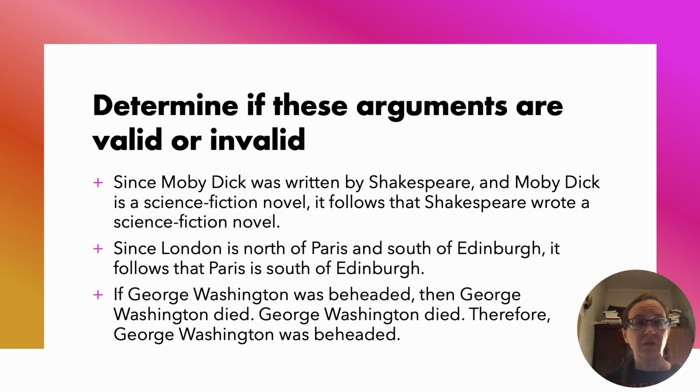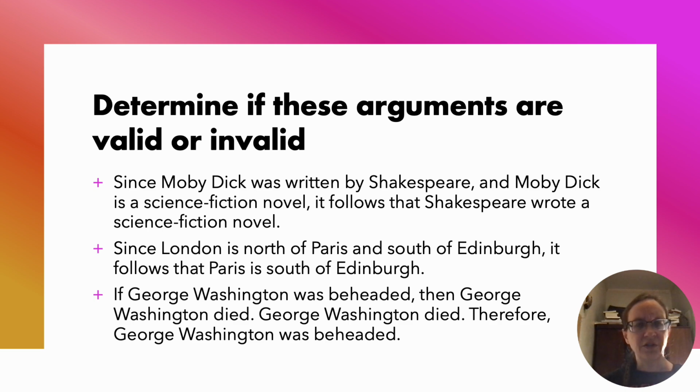And if London were north of Paris and south of Edinburgh, I honestly don't know if it is. I would have to look at a map. It doesn't matter, right, though? Because if that were true and you draw a little chart and you can show that, then Paris has to be south of Edinburgh. So I think that's false. I think that's what the point of this one is, but it doesn't matter because if those premises were true, again, the conclusion would have to be true.